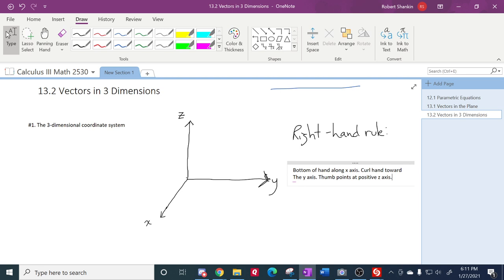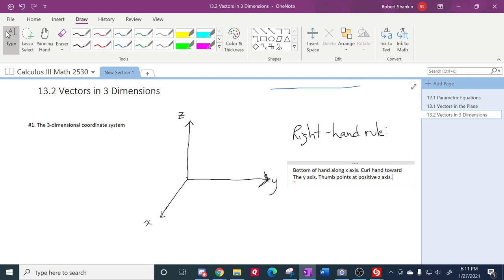But if you put your left hand flush with the paper and curl your fingers towards the y-axis and your thumb pointing z, that works. But if I try it with my right hand, then my fingers are curled towards the z-axis. Anybody else seeing it that way? I learned in physics that for some reason you have to use your right hand. It doesn't work with your left.